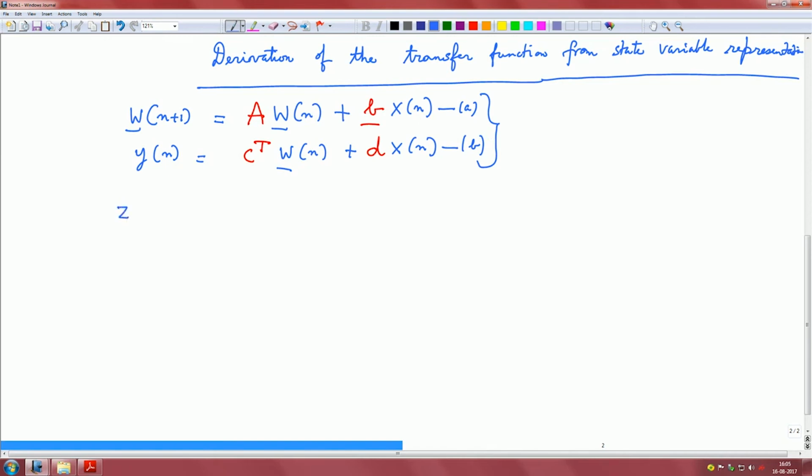So Z times W of Z is basically A times W of Z plus B times x of Z. This is a vector.